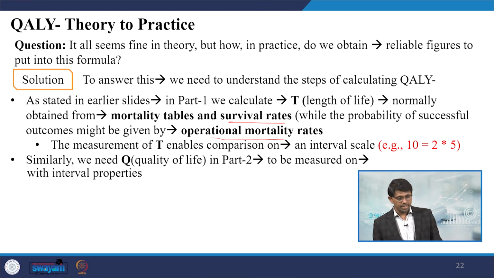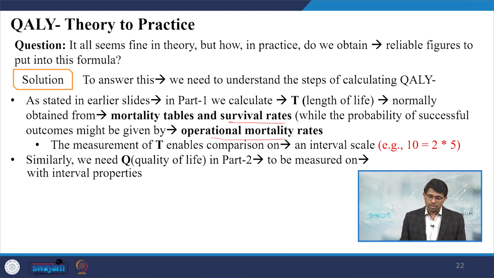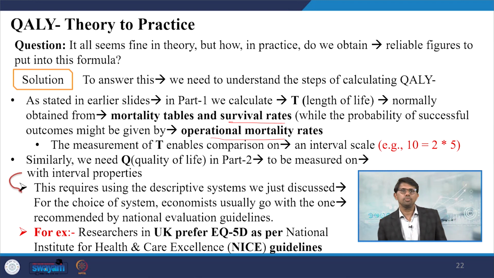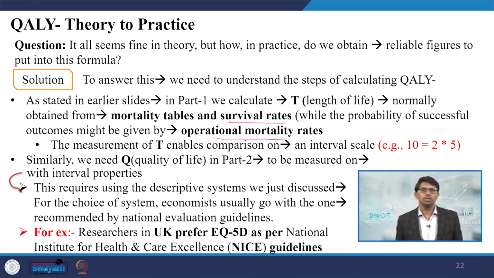Similarly, we need Q in part 2 to be measured with interval properties. This requires using the descriptive systems we just discussed, and for the choice of system, economists usually go with the one recommended by national evaluation guidelines.